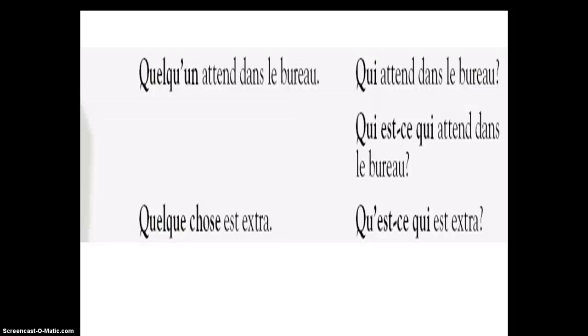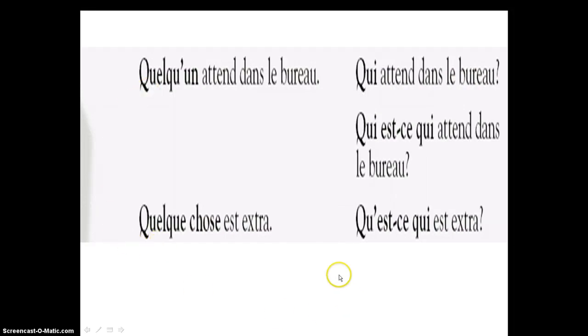Here we're talking about somebody, someone. In this sentence here, we have "quelque chose d'extra." Quelque chose here is also a subject, right? But quelque chose means something, so it's a thing. Here it was a person, but here it is a thing.